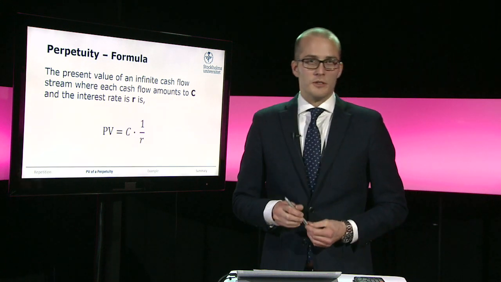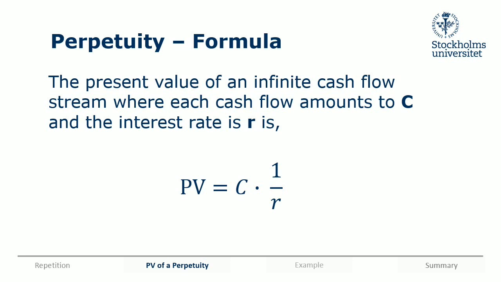And there is a perpetuity formula where the present value of an infinite cash flow stream, where each cash flow amounts to C and the interest rate is r, is, as it says here, the present value is equal to this C here times 1 divided by r. Or if you want to, you can say C divided by r. It's the same thing.